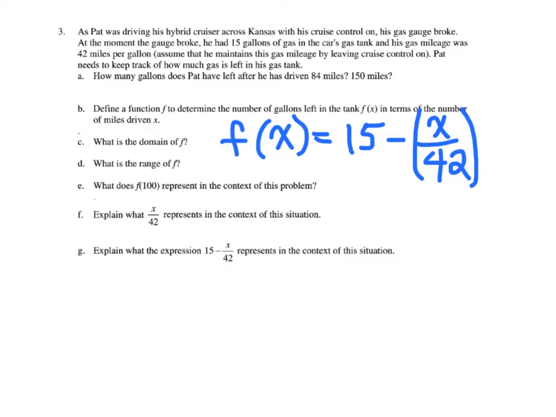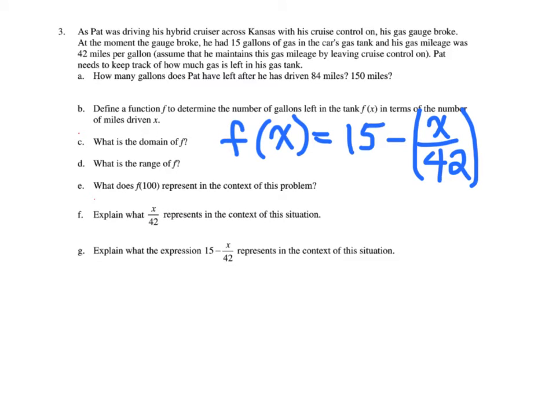We practiced interpreting parts of this function definition as well as various uses of function notation in context. For example, we said that f of 100 represents the number of gallons left in the tank after Pat had driven 100 miles since the gas gauge broke.